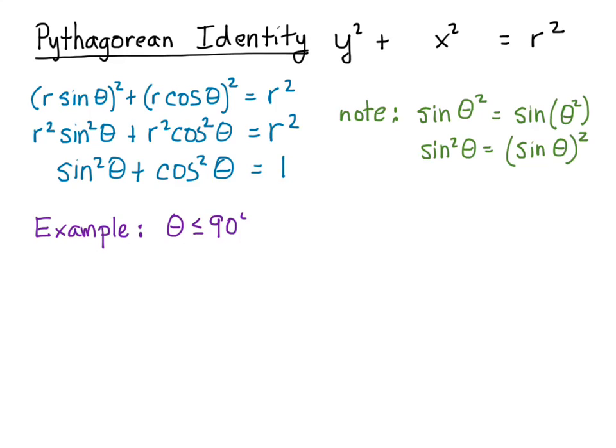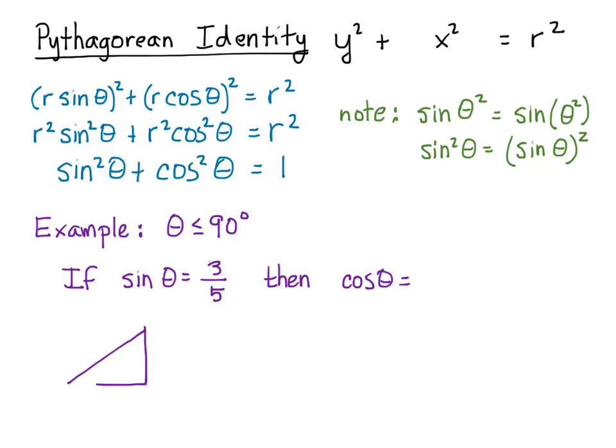I'm now still talking about angles that are acute angles, less than 90 degrees. So if we have the sine of theta equals 3/5, what does the cosine equal? If I set up a triangle, we have the opposite over the hypotenuse.